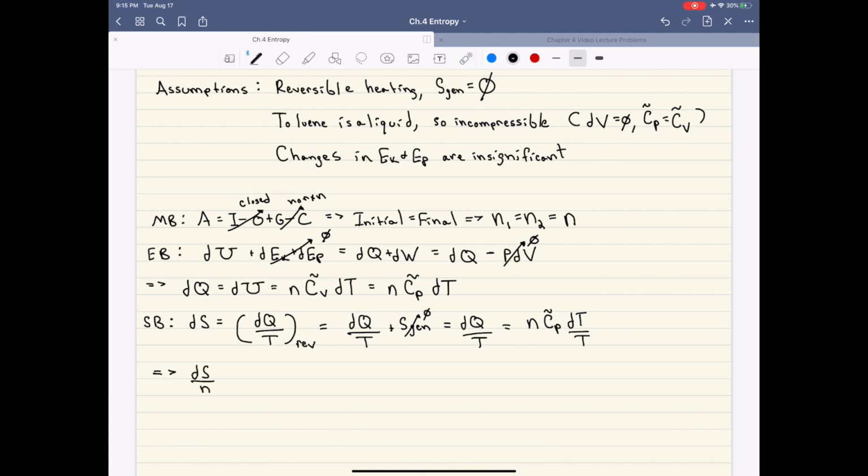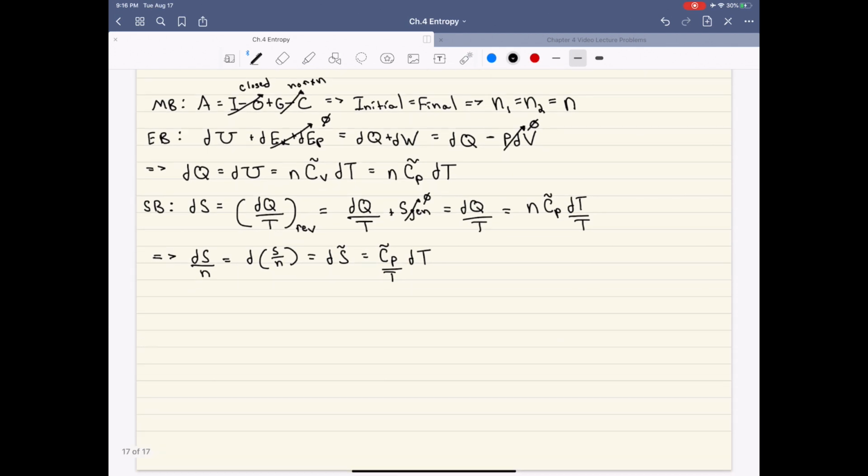Since n is a constant, we could bring it inside the differential, and entropy divided by moles is just molar entropy, which is equal to Cp divided by T dT. And so now we have a differential equation that's separable. At this point, in order to get the delta S, all we need to do is integrate the right-hand side. But the form of our integral is going to depend on what the functional form of Cp is.